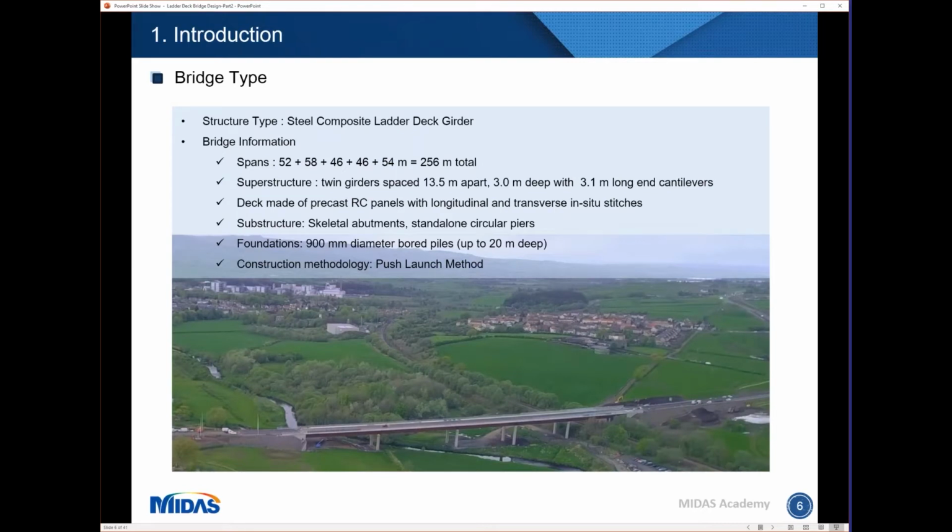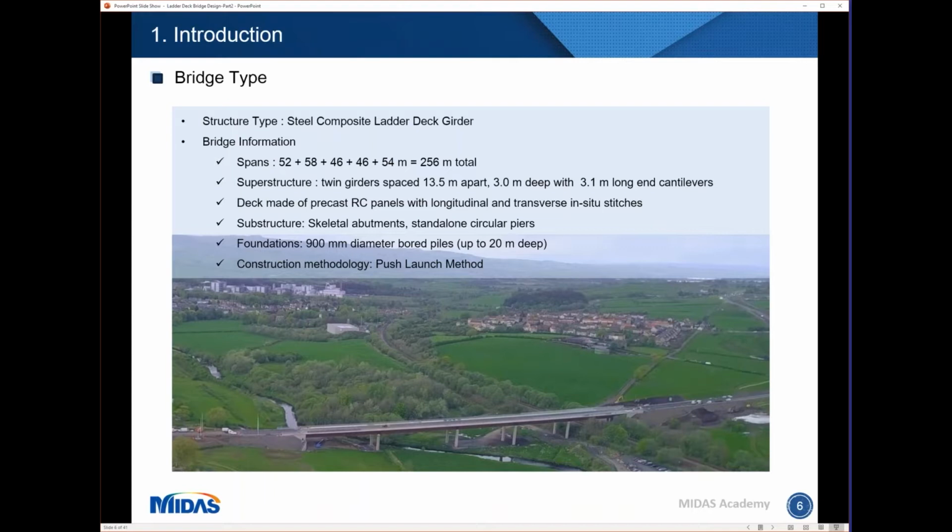This webinar series is based on a project I worked on recently. It was a 5-span steel composite ladder deck structure. And again, just as a reminder from the first part of the webinar, it was about a 250-meter long bridge formed by 2 main girders, 13.5 meters apart in ladder deck arrangement.